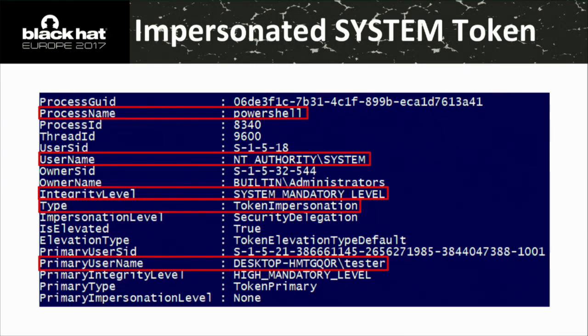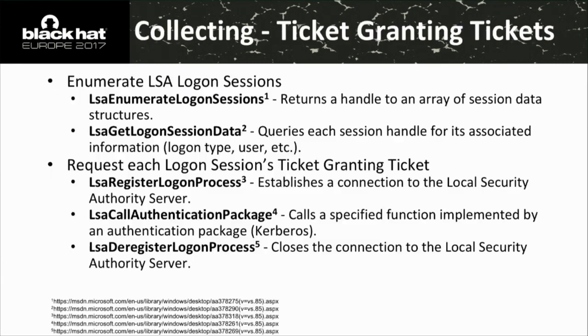The primary username is tester, a lower privileged user, and the impersonated user at the top is NT AUTHORITY\SYSTEM. This is a situation where somebody has escalated their privilege level based on token impersonation. We can identify that, especially when it's running from something like powershell.exe, since there's no reason why PowerShell should be impersonating different users.